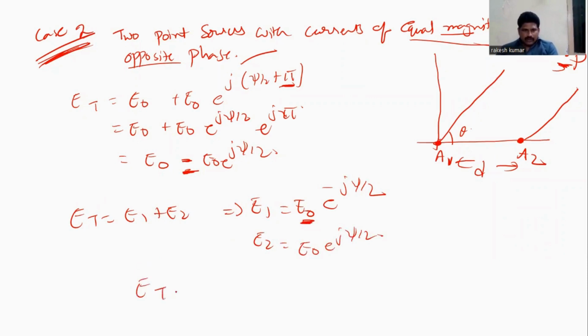Therefore, the total electrical field is equal to minus E1 plus E2, because if we introduce a 180 degrees phase shift, a minus comes into the picture. Therefore, the total electrical field ET is equal to minus E naught into e to the power of minus j psi by 2 plus E naught into e to the power of j psi by 2.